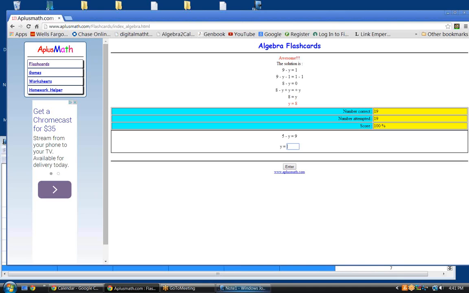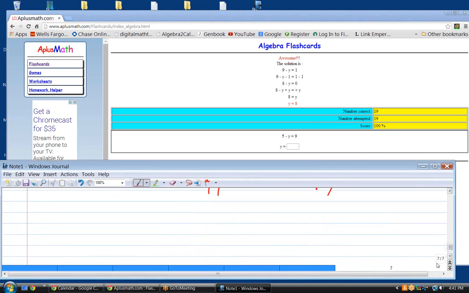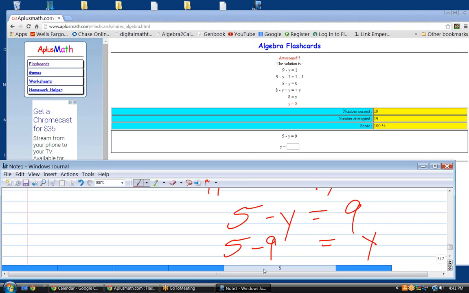Well, which is it? Negative 4. In other words, there's two ways to do it. I can move the y over, but that means I got to move the 9 to the left. So when I move the y to the right, I get that, but when I move the 9 to the left, I get that. So y is equal to negative 4.